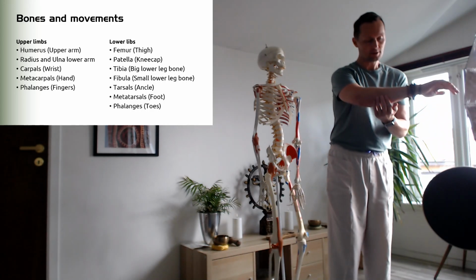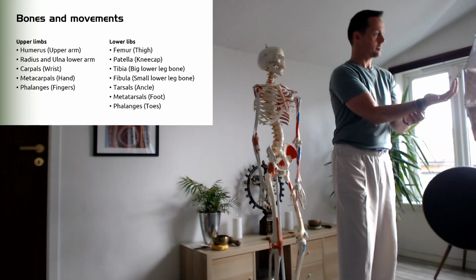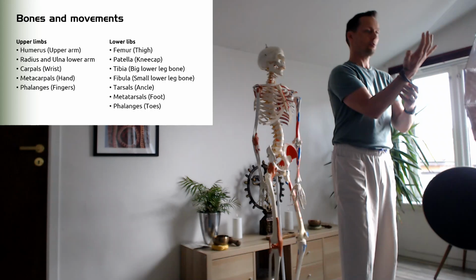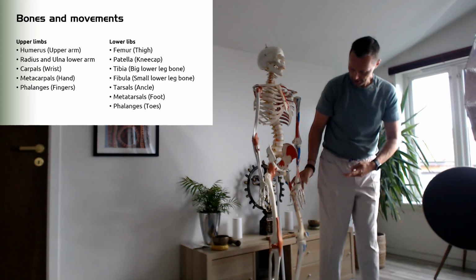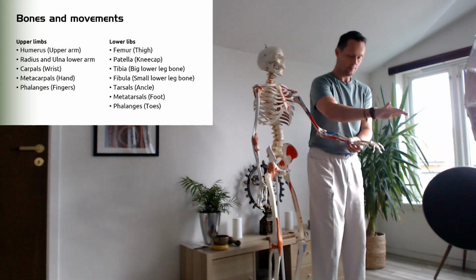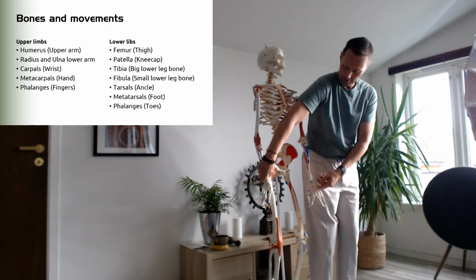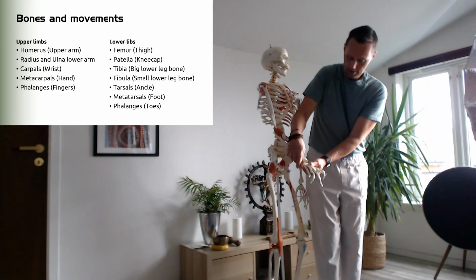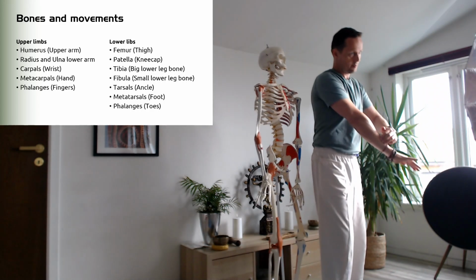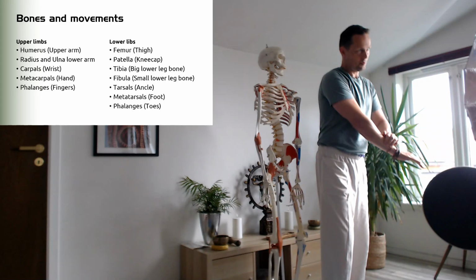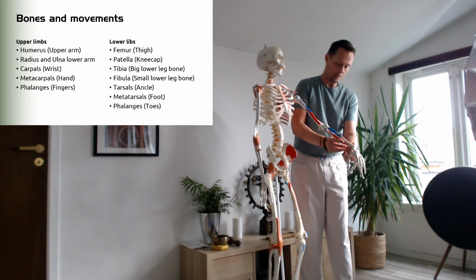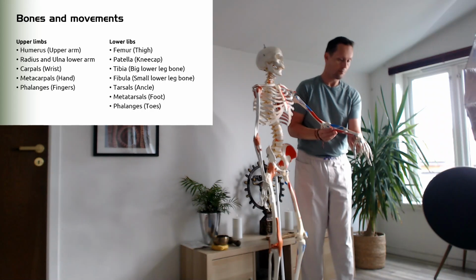But okay, let's see if we can feel the bones in the underarm. Right, so if you go from the pinky, if you keep your pinky up and follow the bone on that side, that will be the big bone.